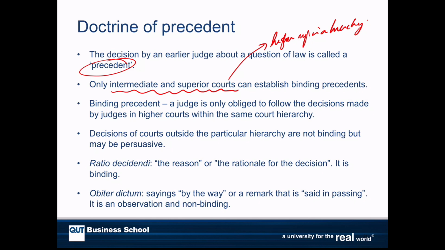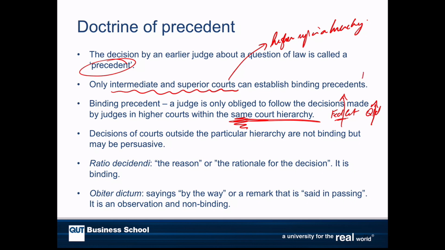A judge is only obliged to follow the decisions within the same court hierarchy. Okay, so if you're in the federal court hierarchy, it's only those judgments up that hierarchy. If it's in the Queensland hierarchy, it's only the judgments in that hierarchy.